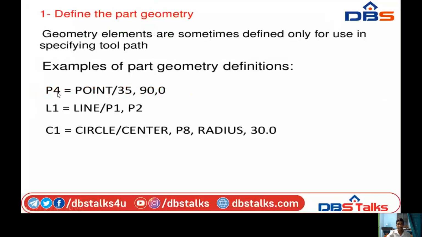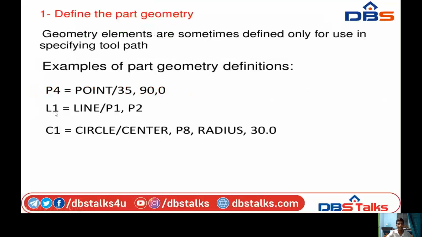Any word has two classifications here, major and minor. Major word means the subject, and this one is the description. P4 is the subject, the point, the major word, and the second one is the minor word. The description is 35 in the x direction, 90 in the y direction, 0 in the z direction.